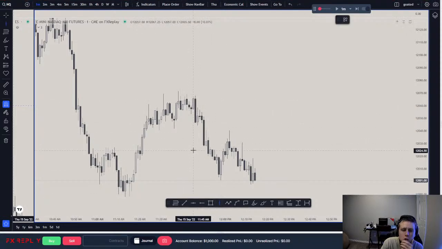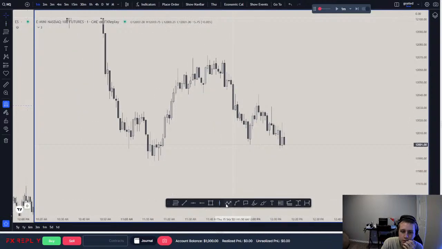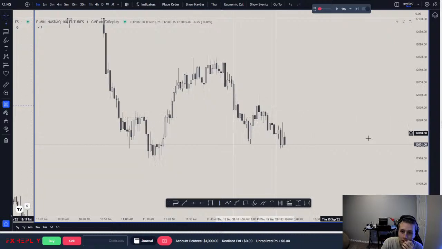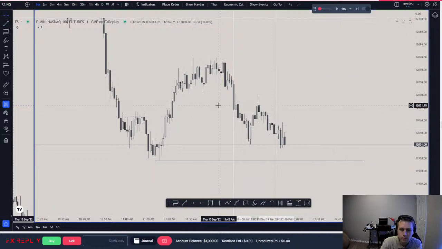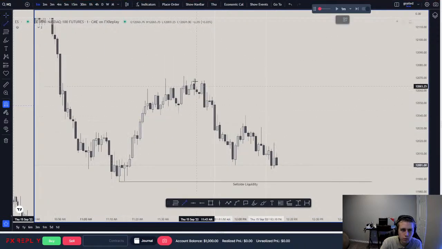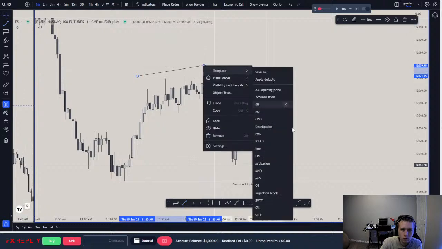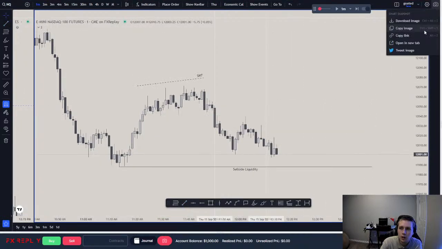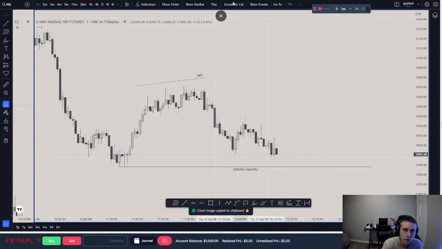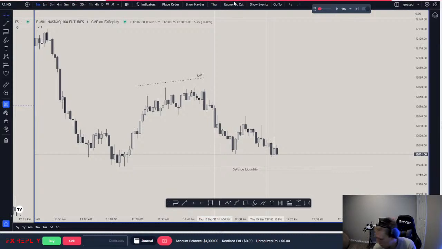Notice when is this happening though? When does that aggressive candle happen? I'm not sure. Copy that, put that in the little backtesting journal here.